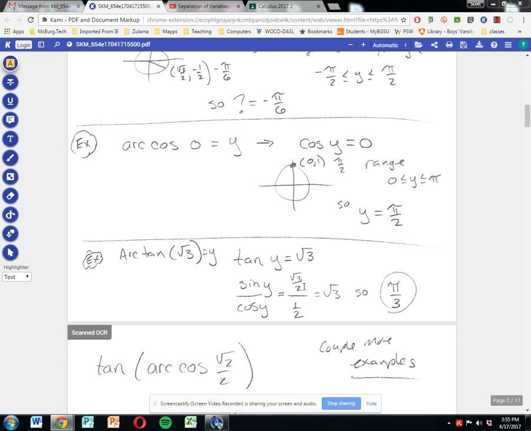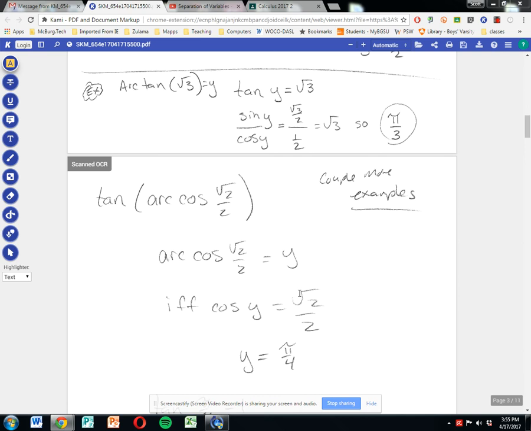What we kind of have to do is play around a little bit with the rad 3/2 and the 1/2. Rad 3/2 divided by 1/2 is the same thing as rad 3/2 times 2/1. So the 2s cancel and we're just left with rad 3. That means that y in this case is pi/3. If by some chance it's rad 3/3, that's the opposite, and that's where you're talking about probably pi/6.